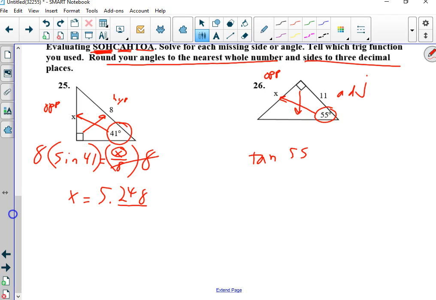Tangent of 55 is equal to opposite over adjacent. Again, x is being split up 11 ways, so I multiply by 11 to undo that. I just type in my calculator, 11 times tan 55, and I get 15.710. And I just put the 0 there because I could just put 71, but that shows 3 spaces.